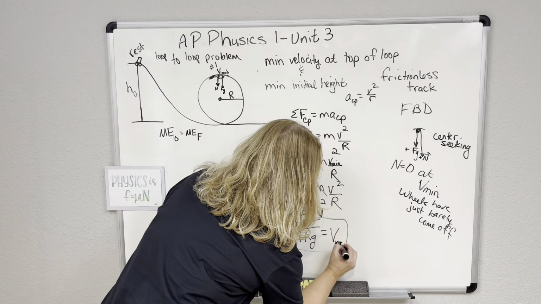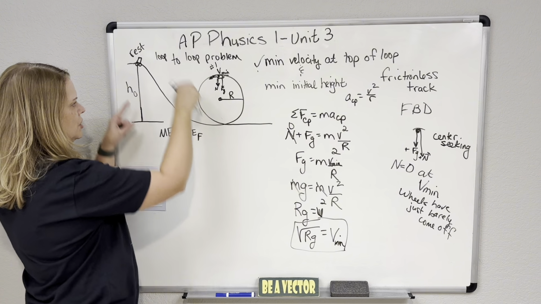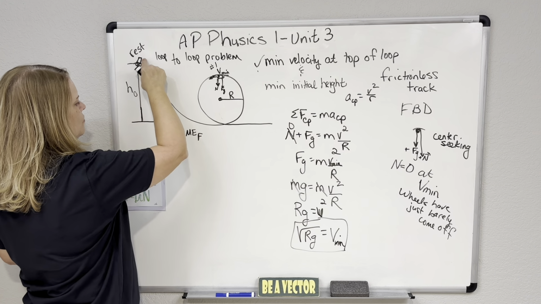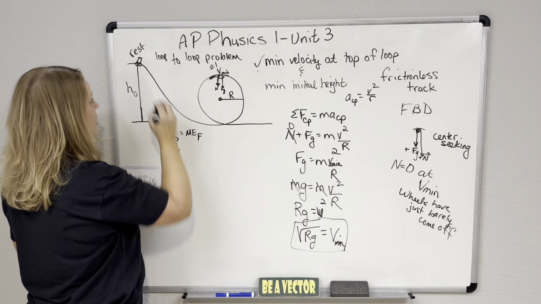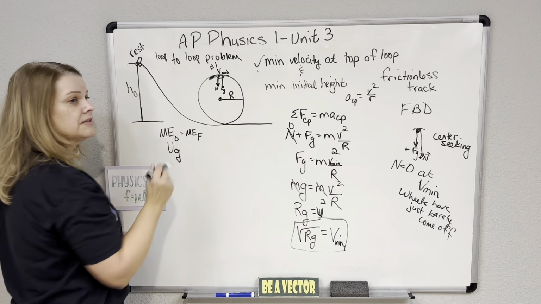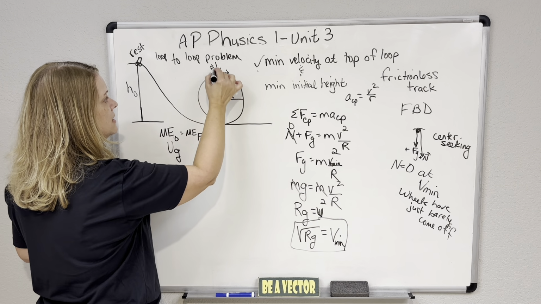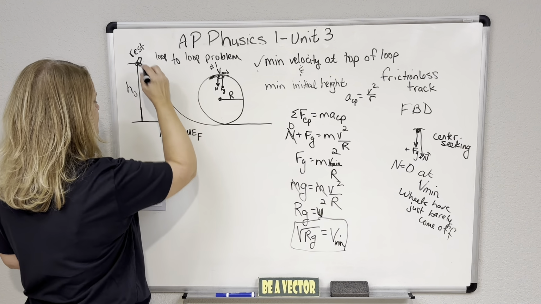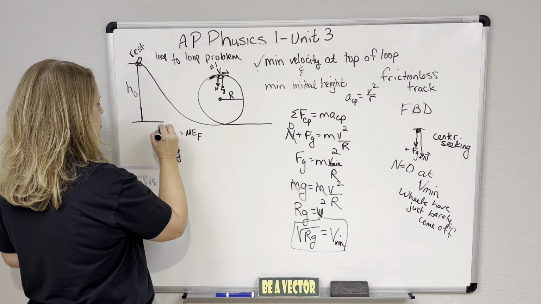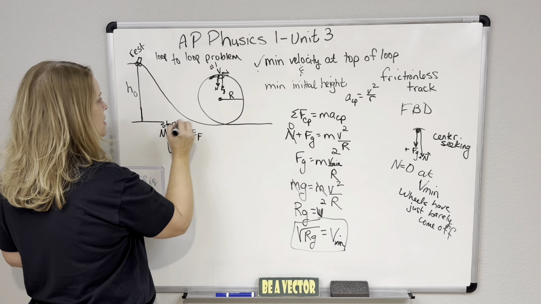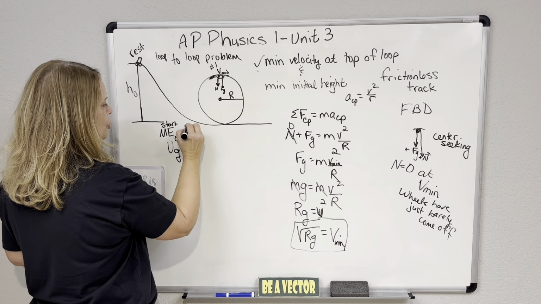Now they asked for minimum initial height. We said, hey, there's some change in height here. On this side, we only have potential energy due to gravity because that object is at rest, so no movement, so no velocity, which means no kinetic energy. And then when we get to this point though, I'm doing this from the start to position 1 of the loop.